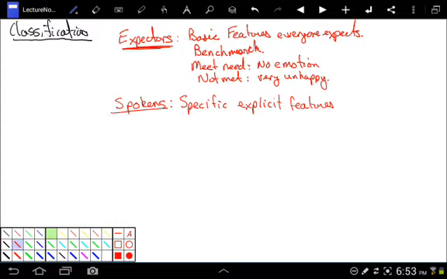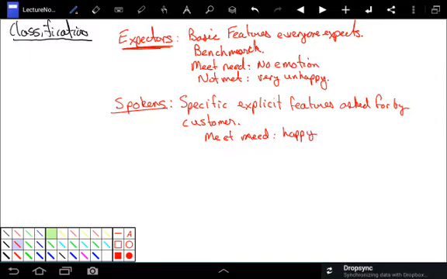Features asked for by a customer. Now, if we meet these, and the better we meet them, what happens? They're happy, which is great. It means we want to meet these needs. If they're not met, unhappy.